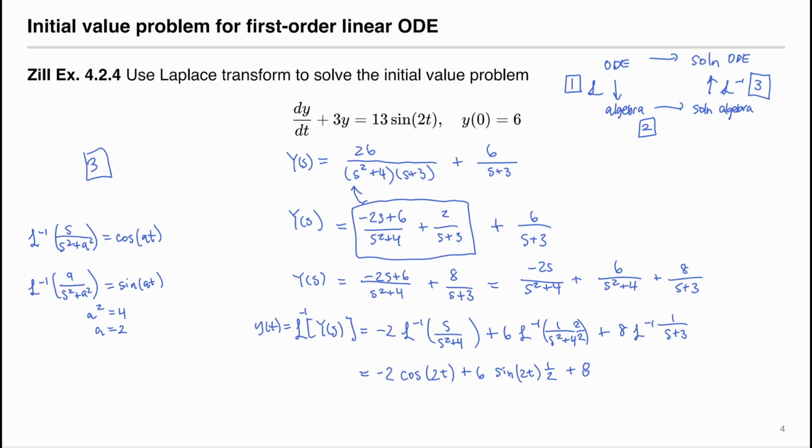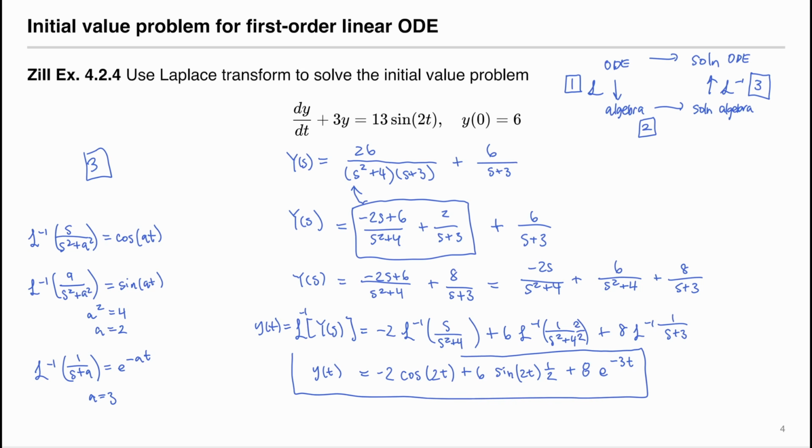Plus 8, the inverse Laplace transform of 1 over s plus a is equal to e to the negative at. And in our case, a equals to 3. So we have e to the negative 3t. This is our final answer for the solved ordinary differential equation.